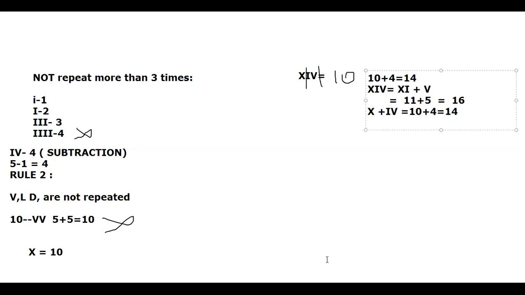Okay, so now we'll solve some questions like this. They'll give some Roman numbers to us, and we will convert those Roman numbers into Hindu Arabic numbers. Okay children, let's start solving that.